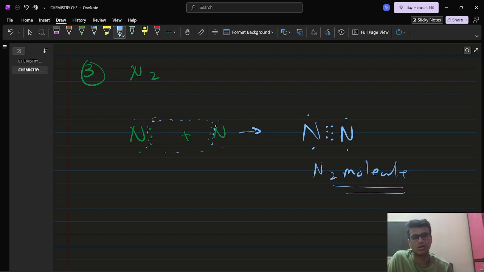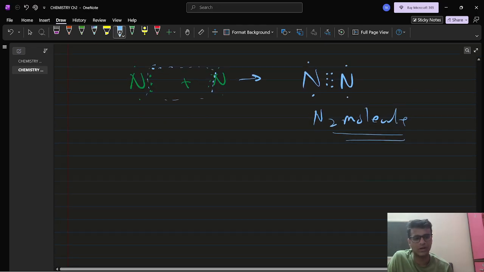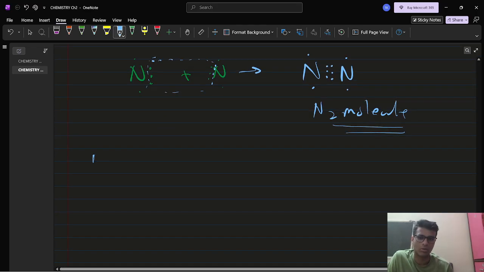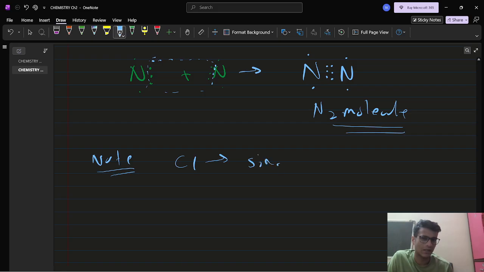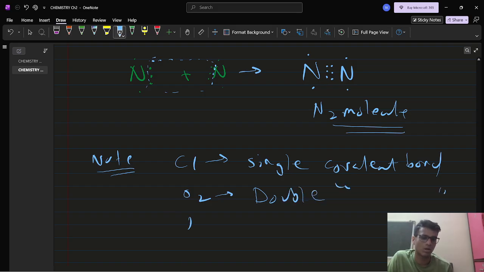Remember this, not related right now, but note it. Chlorine has a single covalent bond. Oxygen has a double covalent bond.